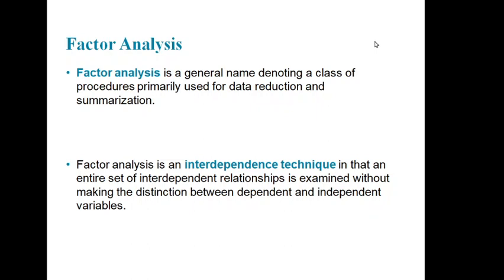So factor analysis is an interdependent technique in that an entire set of interdependent relationships is examined without making the distinction between dependent and independent variables. So in factor analysis, there is no independent variable or dependent variable. It's just a technique used to reduce the number of items or number of dimensions into manageable chunks, right? So it is easier for us to explain or interpret the data.